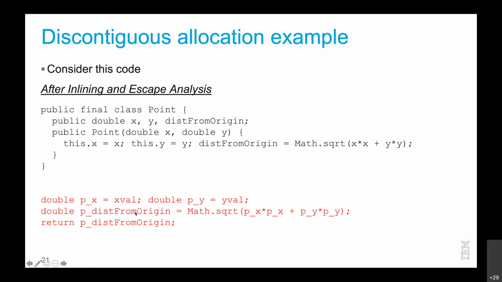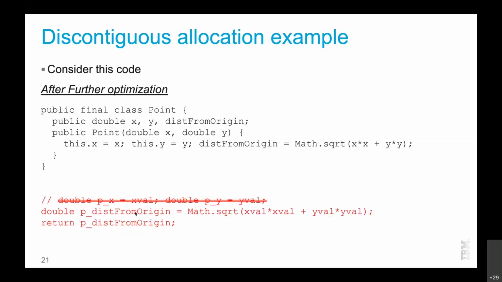And then after further optimization, because we're never actually using or have no need of the original px and py, they can end up being discarded. Ultimately, the only thing we're interested in was the calculation of the distance from the origin. Oh, yeah, that makes sense. Cool. Thank you.